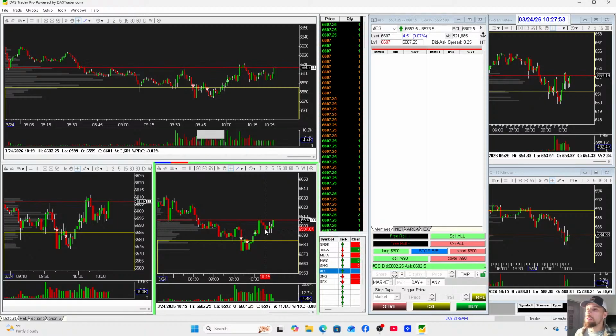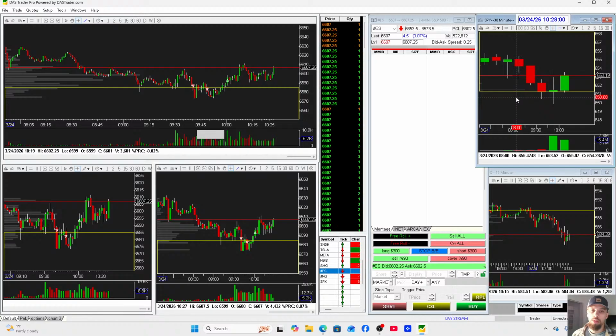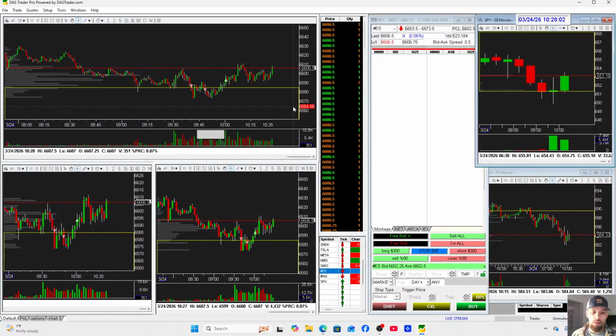SPY looks like it's trying to launch. Looks very bullish. That's good volume.